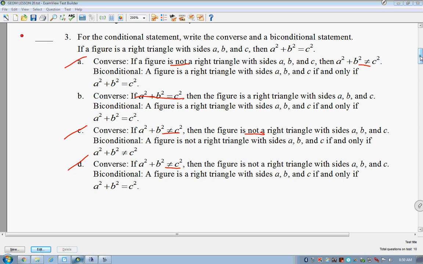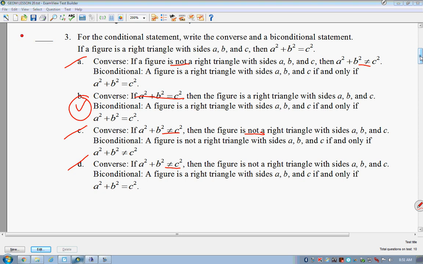Figure is a right triangle with sides A, B, and C if and only if A squared plus B squared equals C squared. So let's put a check mark next to it. The biconditional is not based upon the converse statement, it's based upon the conditional statement.